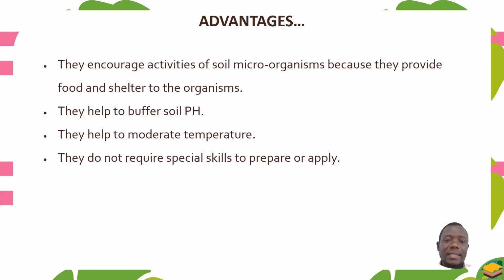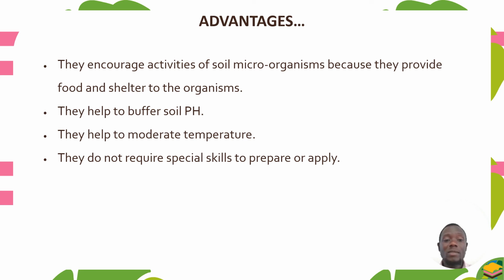So let's look at, we are still on the advantages. They encourage activities of soil microorganisms because they provide food and shelter for organisms. In other words, organic fertilizer or organic manure provides a good working environment for microorganisms.